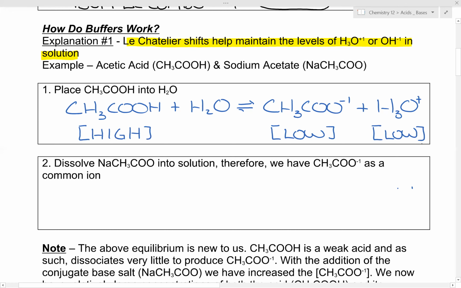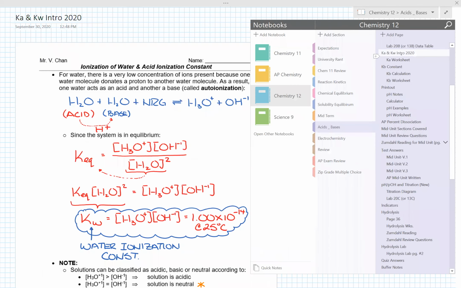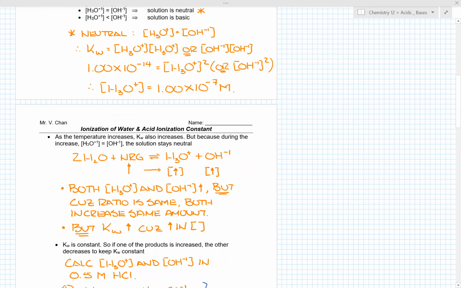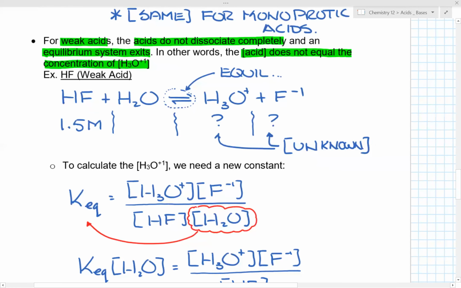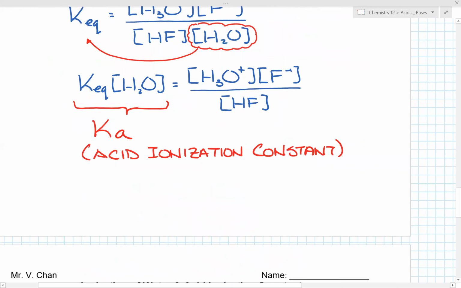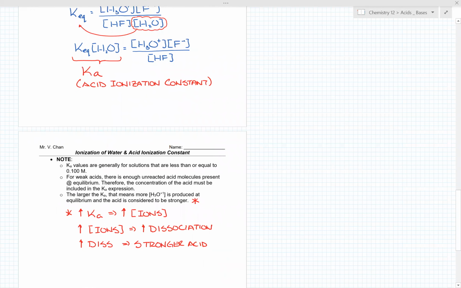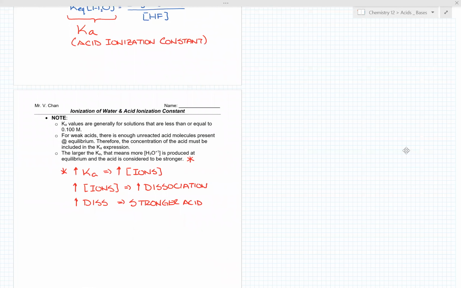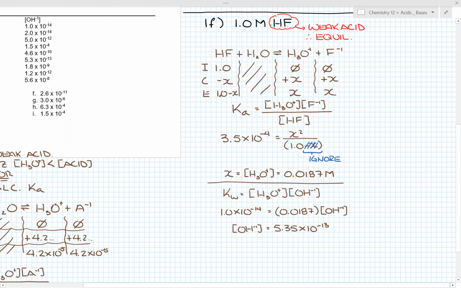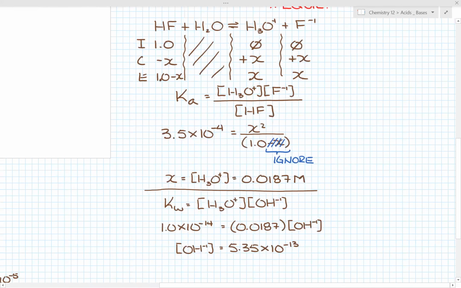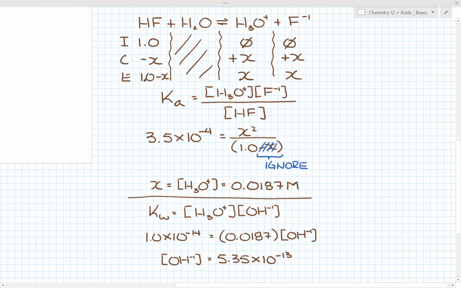Now, this goes back to when we did our Ka introductions. Remember, you have an unknown concentration, and when we did our calculations with ice tables, you would know that depending on the Ka, the concentration of H3O plus is not very high relative to the original acid, like right here.